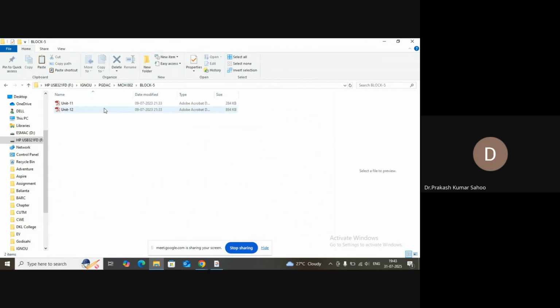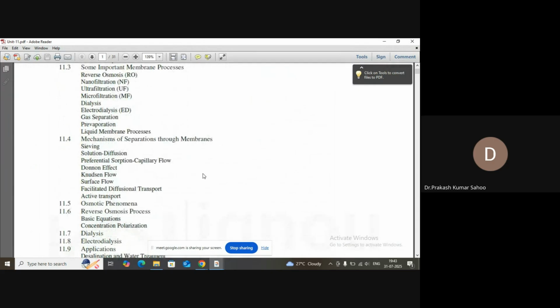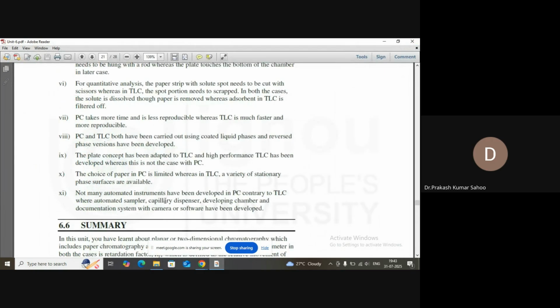Then in the last block, we have membrane chromatography, where osmosis occurs, with different pore sizes of the membrane, that is semi-permeable membrane, reverse osmosis, dialysis, electrodialysis, microfiltration, ultrafiltration, nanofiltration. All these things are there in membrane separation.